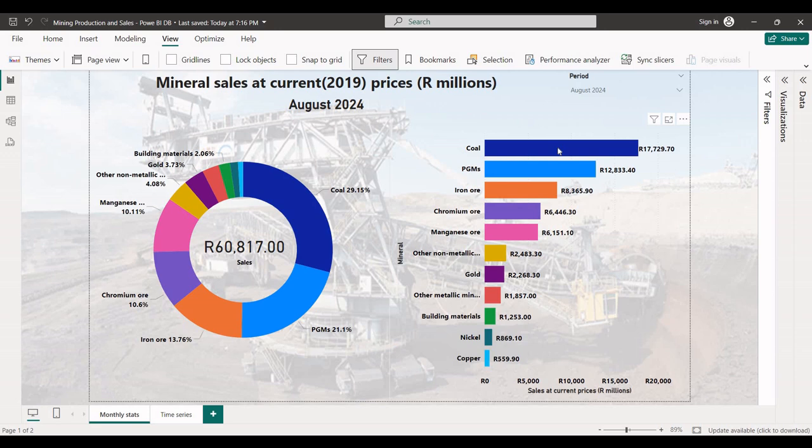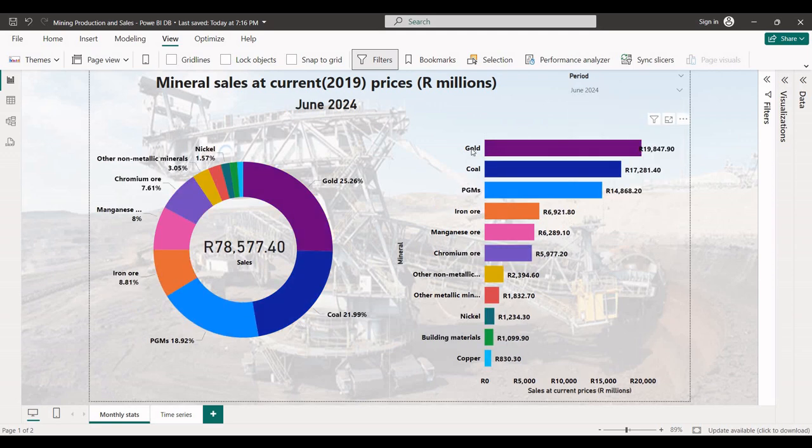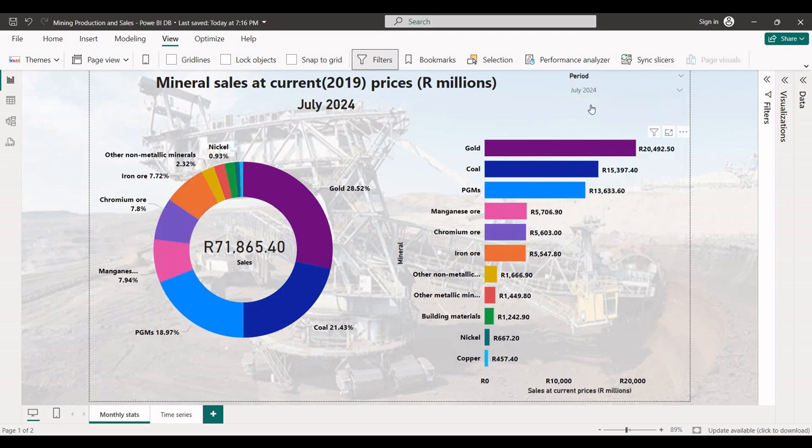The horizontal bar graph is ordered by the total sales, and generally you'll find that gold, coal, platinum group metals, iron ore, and also manganese ore tend to be the top 5, and copper, building materials, nickel tend to be at the bottom, with some shuffling around depending on the month.